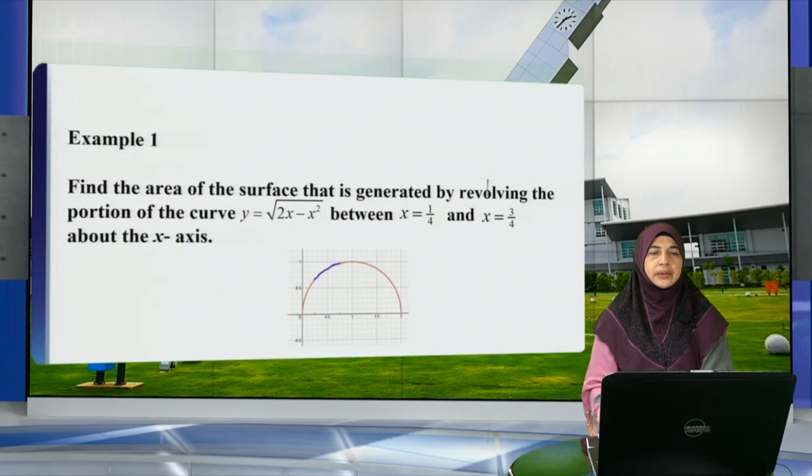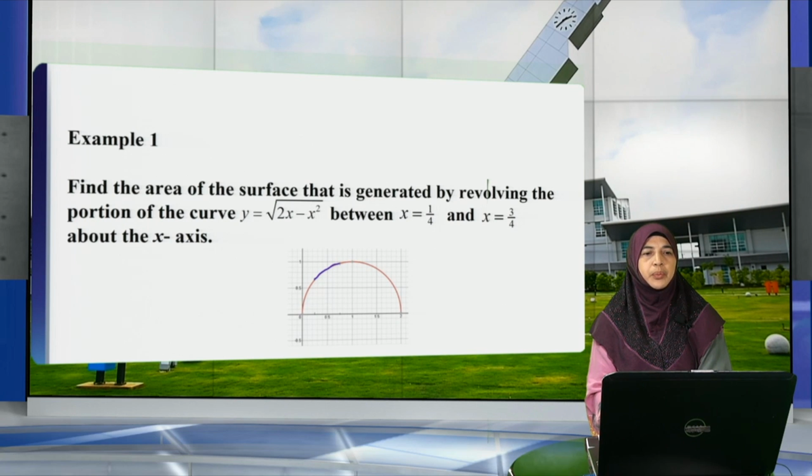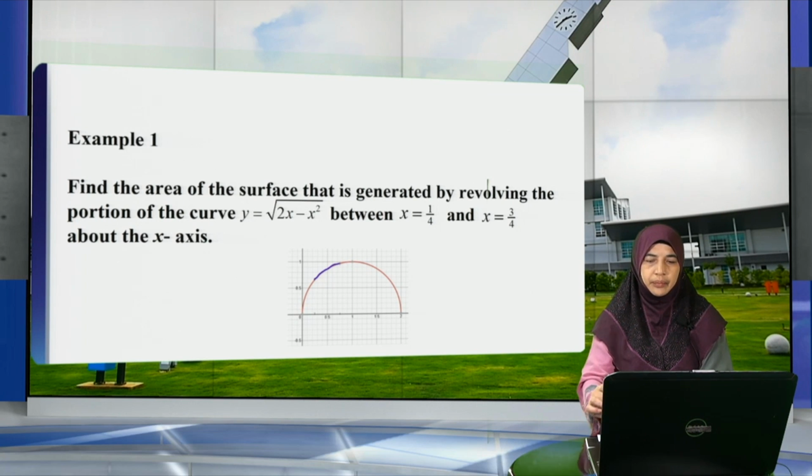Okay, so let's look at one example here. The example is to find the area of the surface that is generated by revolving the portion of the curve here, between x = 1/4 and x = 3/4, about the x-axis. So we are going to use the formula.